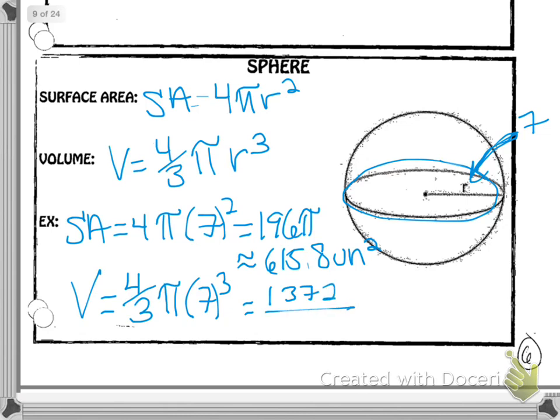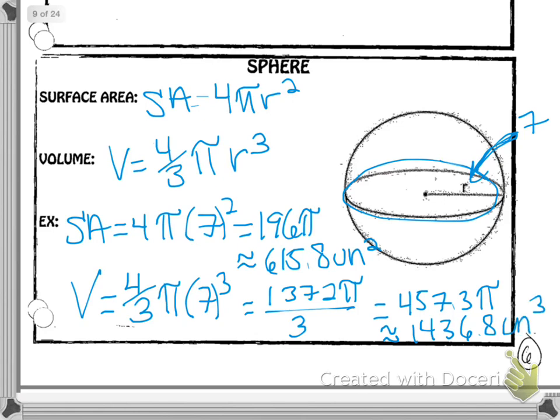I'll put that entire thing divided by 3, times pi. If you divide 1,372 by 3, you have 457.3 pi, which is about 1,436.8 units cubed.